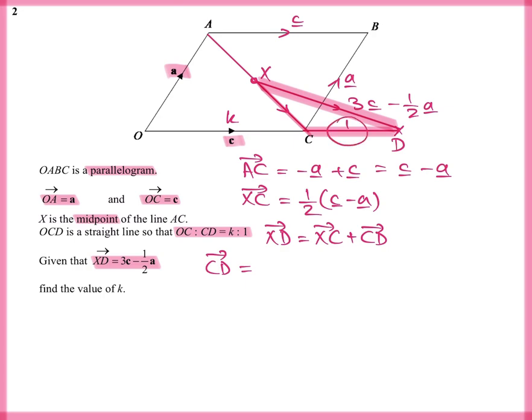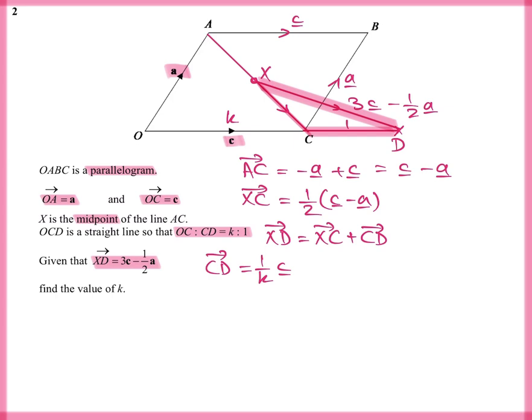We know that it's going to be in the direction of vector C because it's on the same line, but what magnitude, that's the tricky part. So one part out of K, hopefully you notice it's going to be 1 out of K parts in the same direction of vector C.